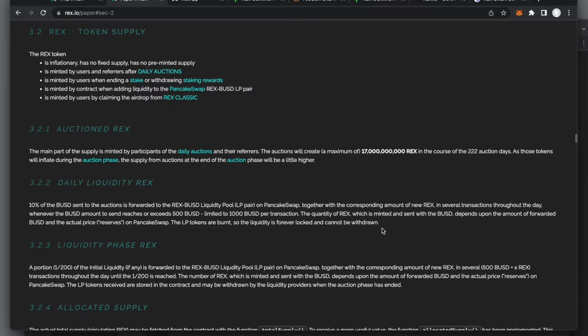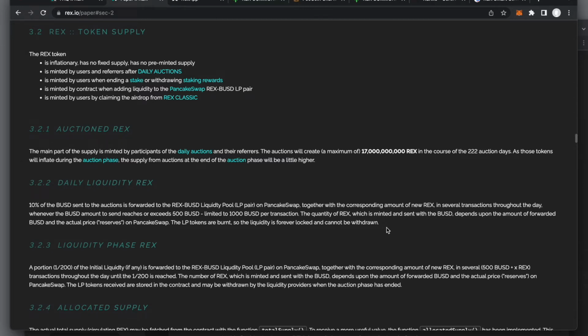The quantity of REX which is minted and sent with the BUSD depends upon the amount of forwarded BUSD and the actual price or the reserves on PancakeSwap. The LP tokens are burnt, so the liquidity is forever locked and cannot be withdrawn.